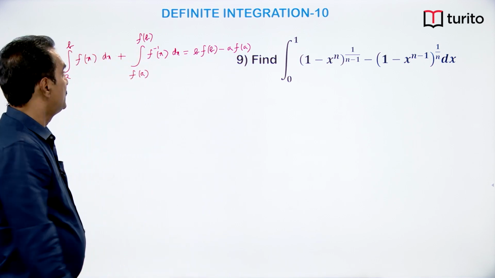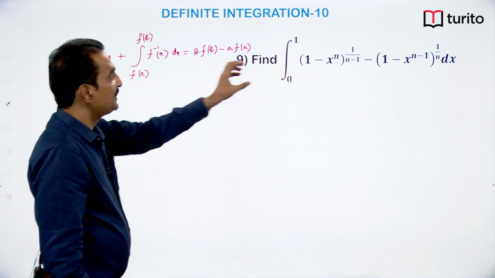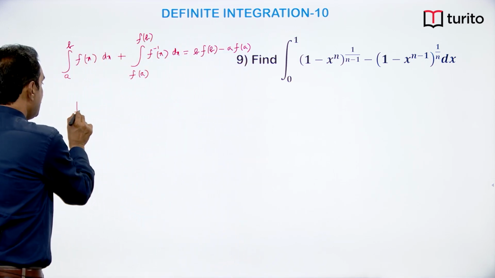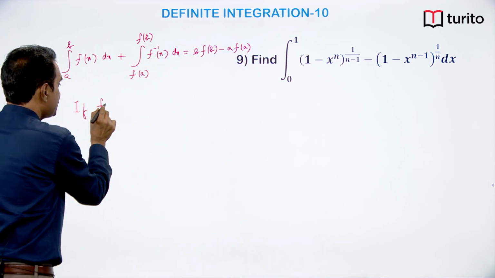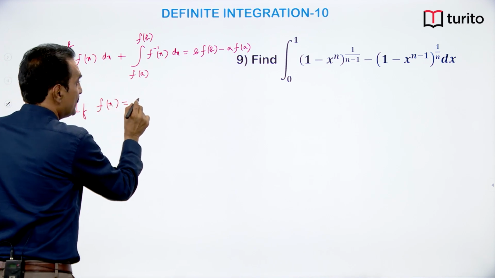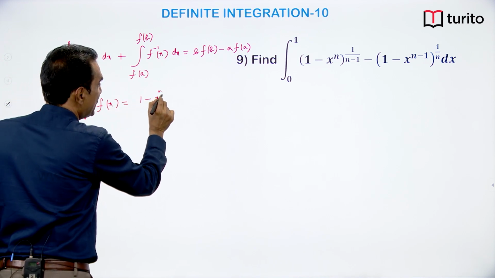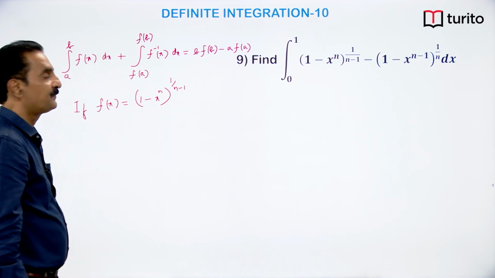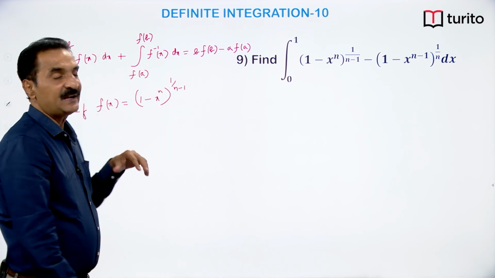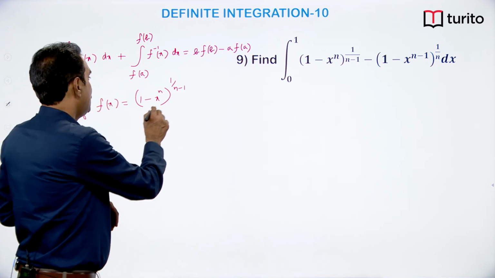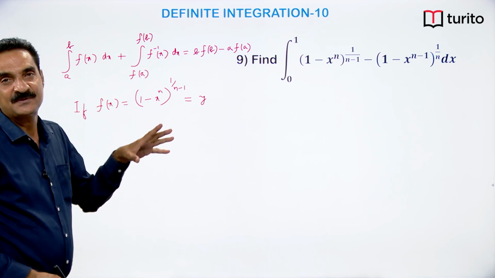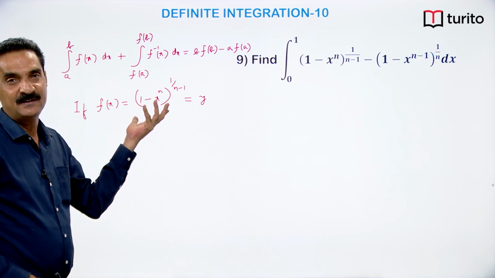Okay. Now, if you take this function as f of x, if f of x is equal to 1 minus x power n whole power 1 by n minus 1, how will you get f inverse x? You take this as y, find x in terms of y, then interchange x and y.